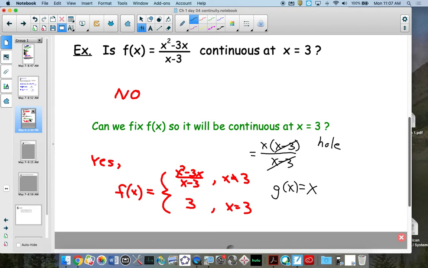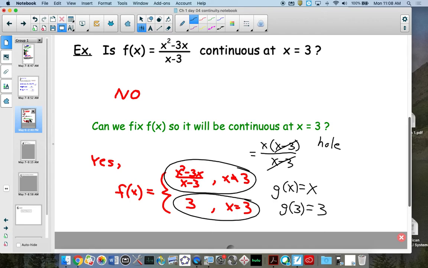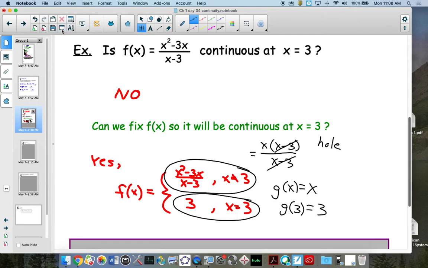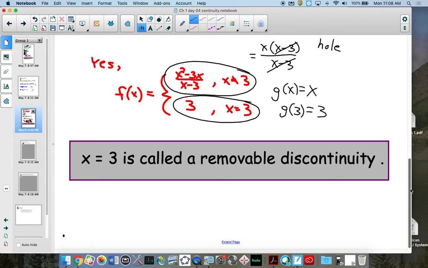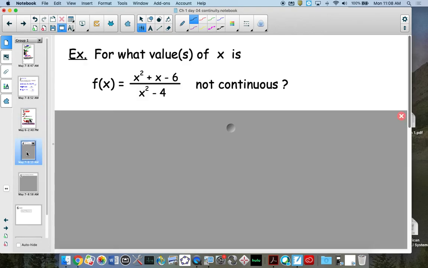So all we want to do is figure out what's the y value where that hole is, and we can figure that out by evaluating g after we canceled the factors, and that'll be 3. So in this piecewise function, we've got f of x for all the values in its domain, and then we're going to add this one, and that's basically just filling in the hole. So we call that a removable discontinuity. We're able to fix that problem.